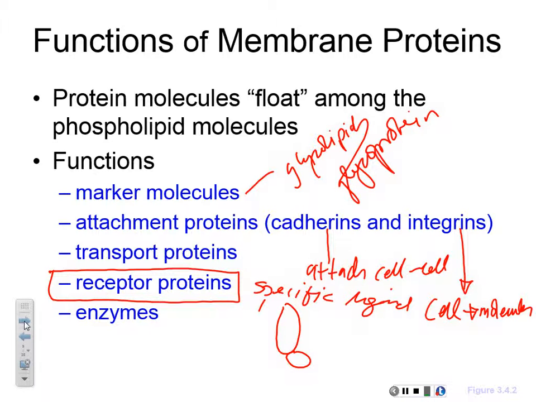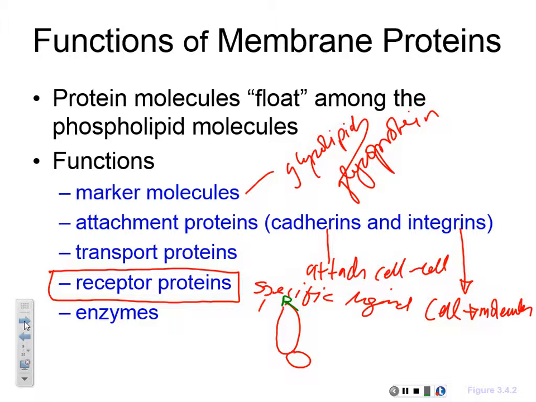It will then put into effect the function after a molecule attaches on the outside, the receptor. Okay, so those are true receptor proteins. But insofar as attachment of a receptor or another molecule affects what happens inside the cell, it's like an integrin. Okay, so receptors will be called specialized integrins because of that.